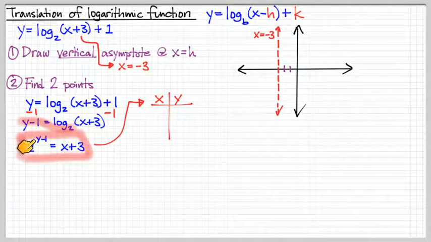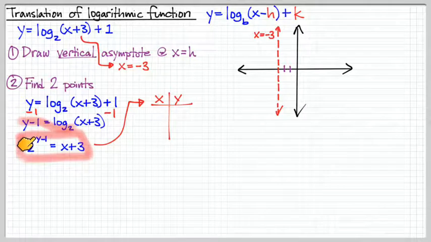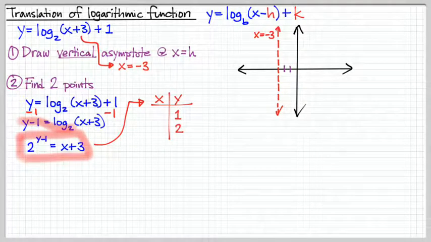Now I'm going to choose some values of y that will make this easy to evaluate. So when y is equal to 1, it's very easy. Also 2 is not too bad either. So let's plug these values of y into this equation and solve for x.